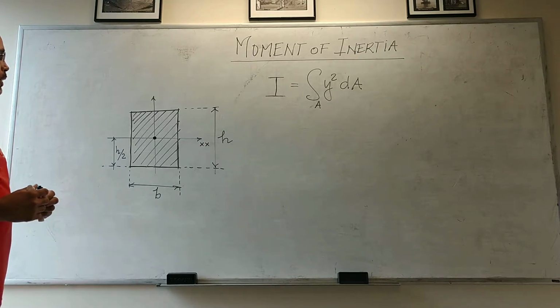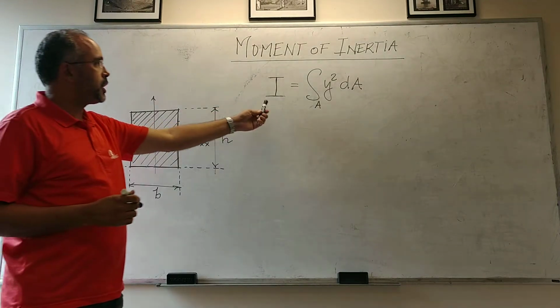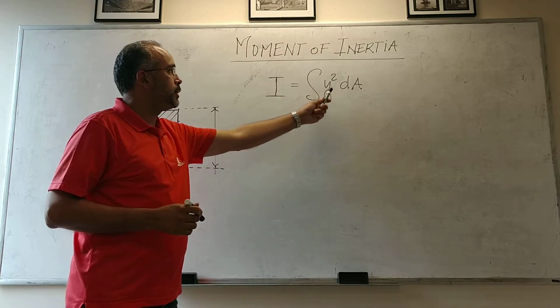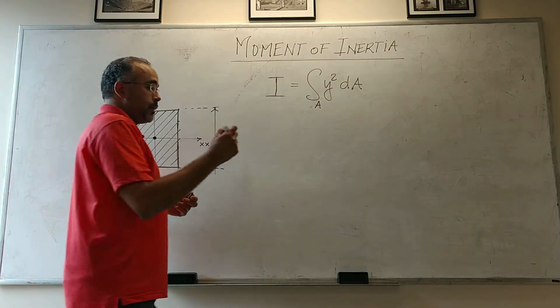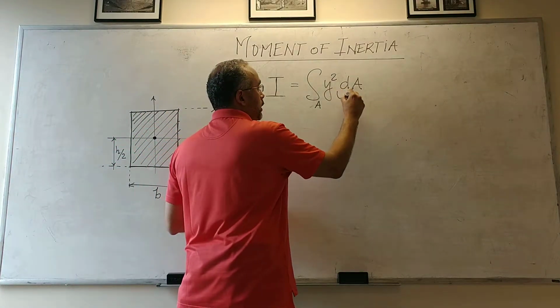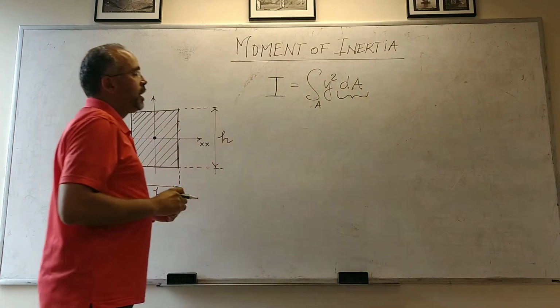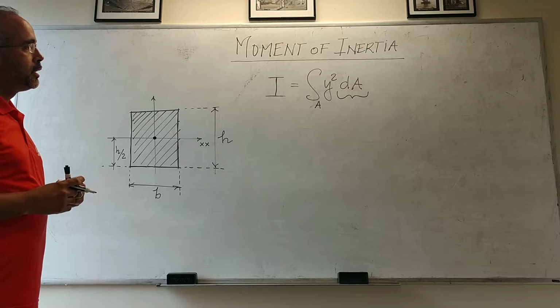So how do we compute that? The general formula is the integral of y squared dA over the whole area. And the challenge here is to define this dA element.